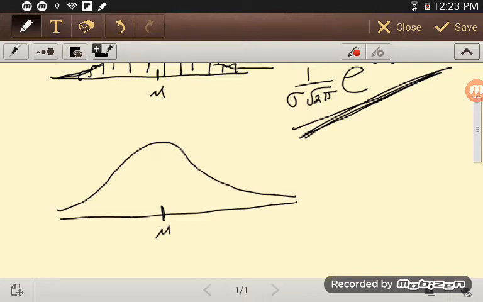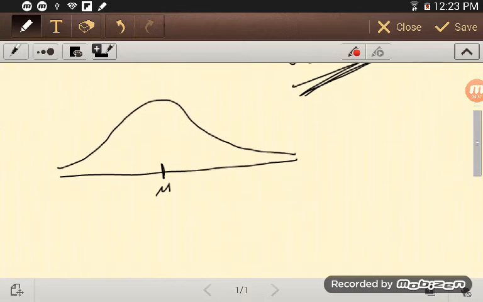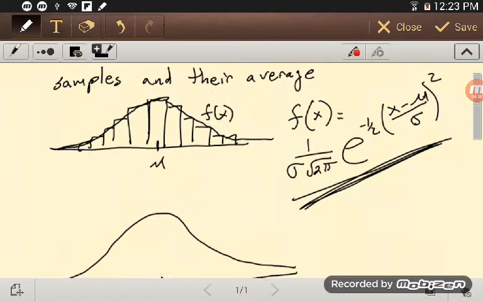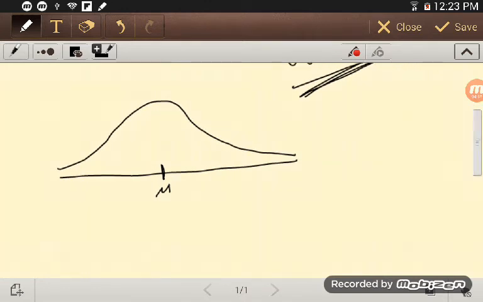No matter what I pick for mu and sigma here, if I mess with the scale that I'm plotting on, all the curves look the same.